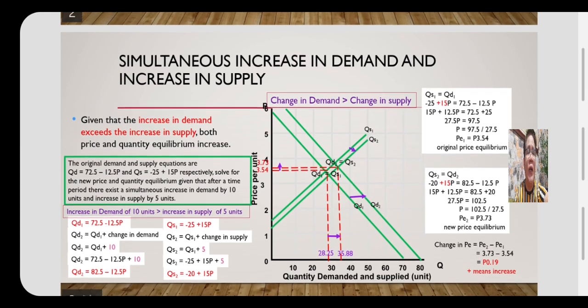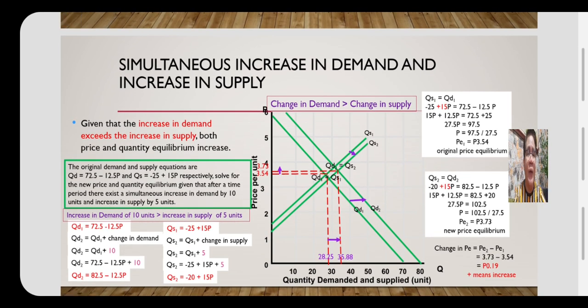In this particular presentation, we have to consider a situation that the increase in demand exceeds the increase in supply. And let us state the particular market problem.